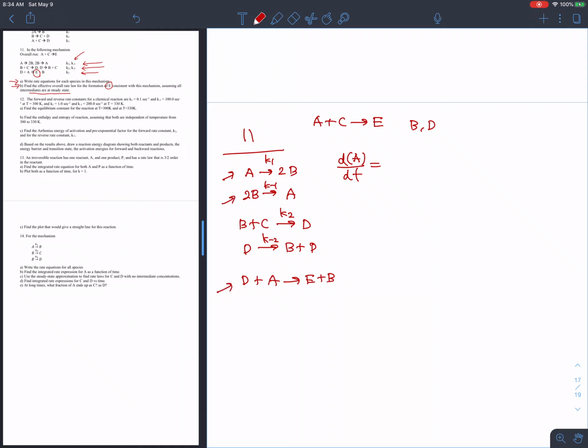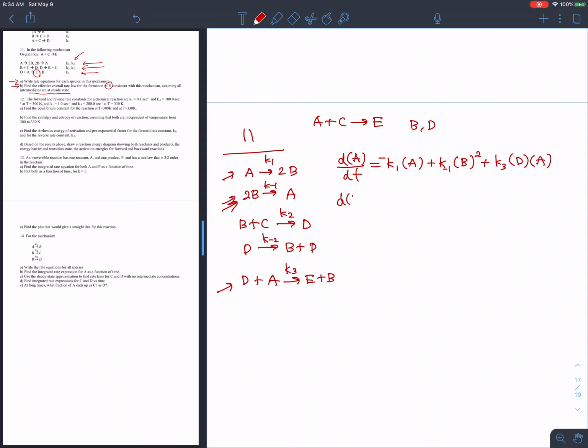There'll be 3 terms. So minus k1 times A plus k minus 1 times B squared, plus k3 times D times A.